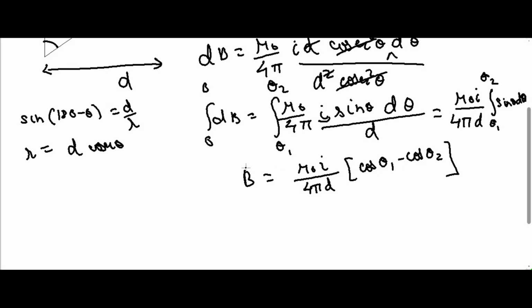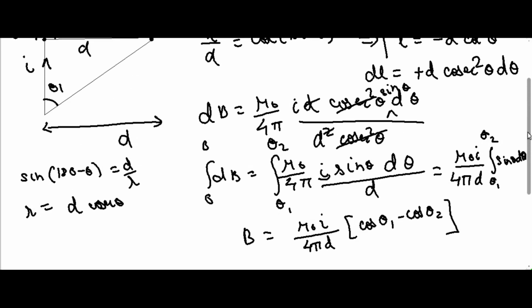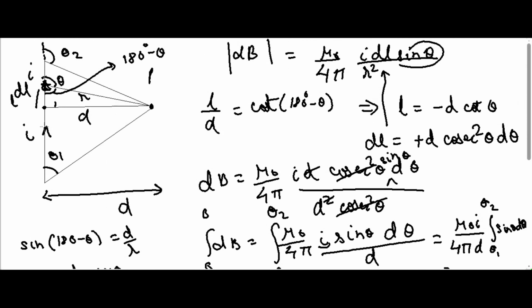First general case is, suppose this is an infinite wire, and I want to find the magnetic field at a point P which is at a distance d from the infinite wire. Theta 1 will tend to be 0.